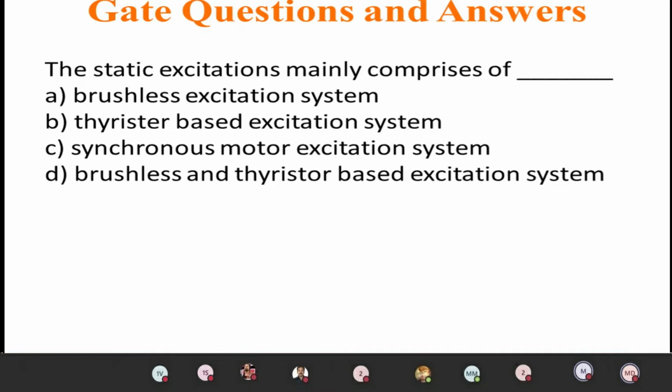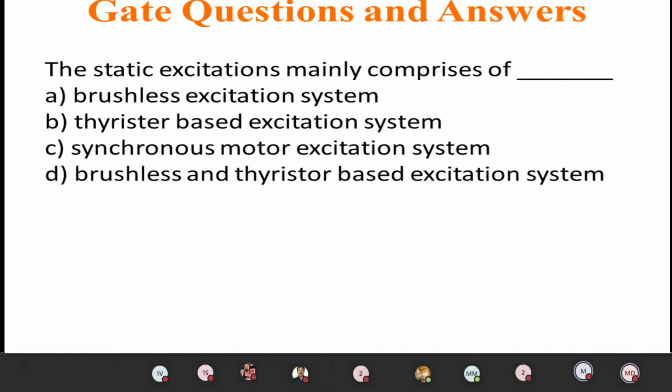Here the transformer is not used, so leave the transformer. Now we read the four optional answers. Brushless excitation system may be quite good, but there is no description about static equipment.